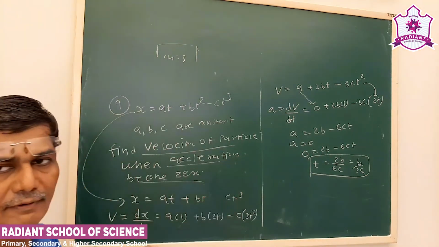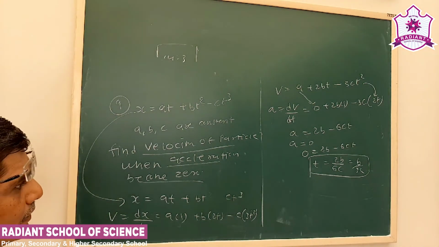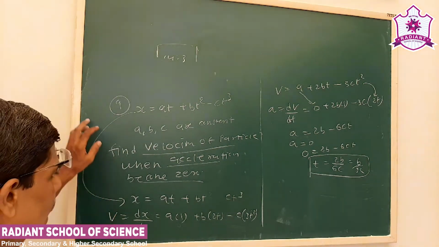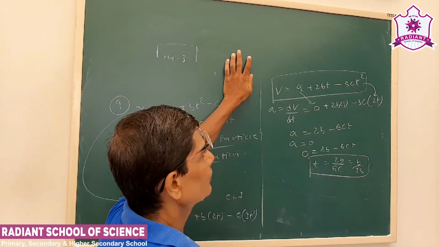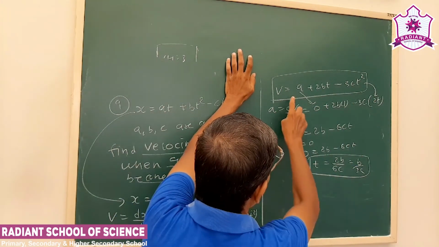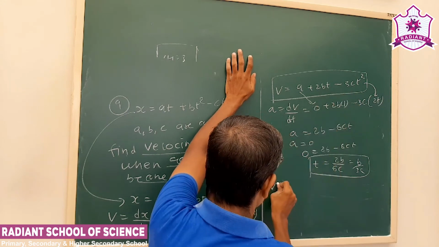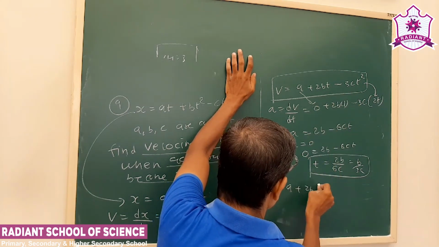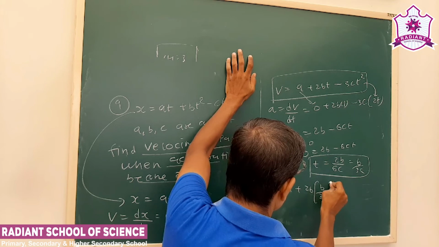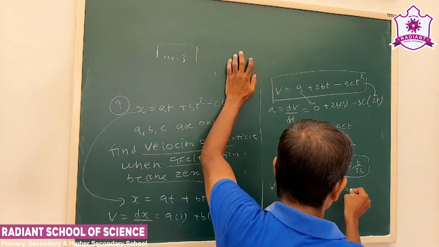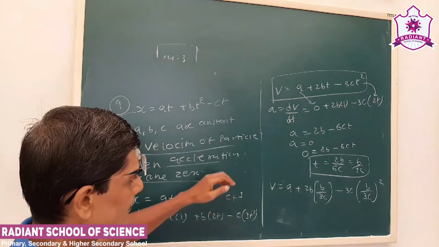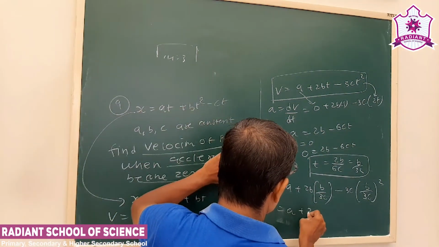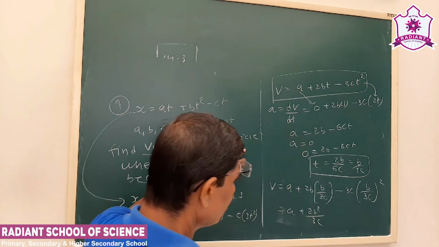Okay, now we have to obtain the value of the velocity. So what is the equation of velocity? a plus 2bt minus 3ct square. So v is equal to a plus 2b, and for t I substitute b upon 3c, minus 3c times b square upon 9c square. Now this I need to simplify.